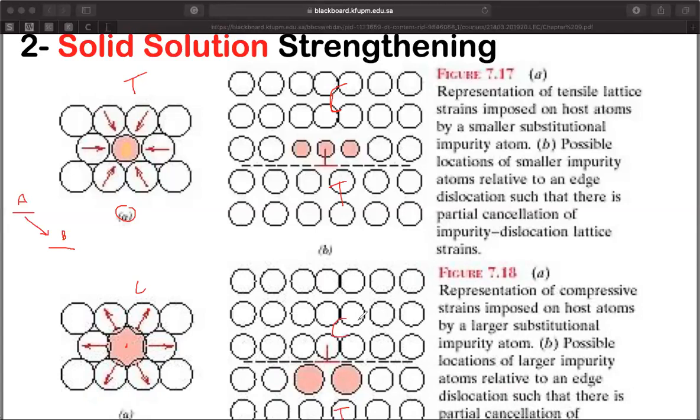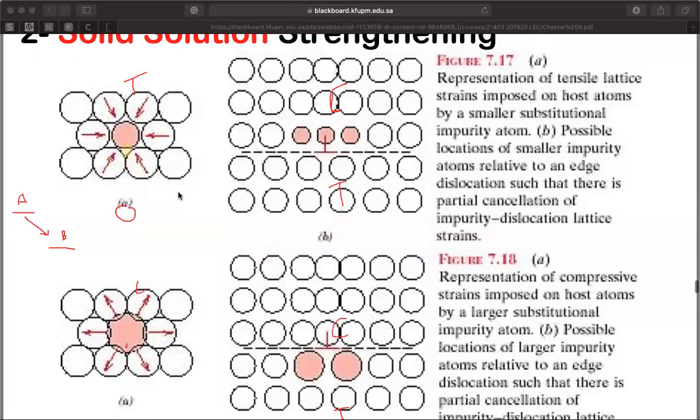So what's going to happen if you add impurities to the material? Well, the material will say, now I have some resources, some help that will allow me to lower my state of energy, to move from state A to state B. And to do so, those smaller atoms will reside on top of the dislocation, and the impurity will result in a tensile strain field, and there's a compressive strain field.